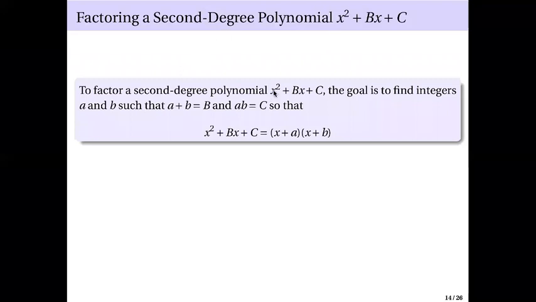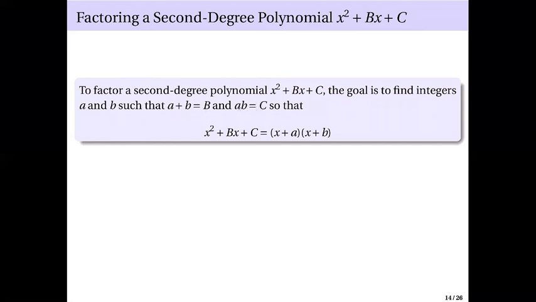To factor x squared plus bx plus c, our goal is to find integers, small a and small b, such that if you add those two small letters, a plus b, you will get capital B, and if you multiply these two letters, you have capital C. Once you find those letters, your x squared plus bx plus c can be factored into x plus a times x plus b.